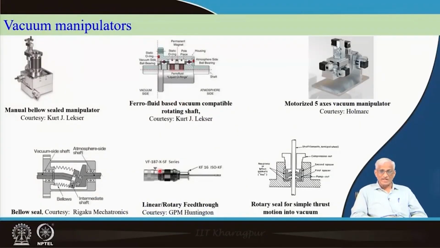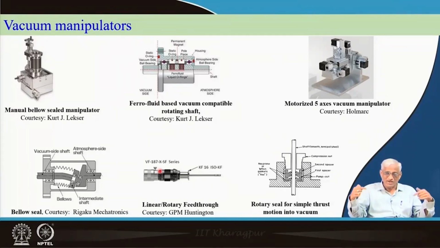Now, in a vacuum system, we need to do something inside, but the action is outside, the reaction is inside. Such situations will come, particularly in nuclear processes, etc. You cannot approach the place where actual processes are going on, even thin film growth or many other plasma processes, you cannot go inside.